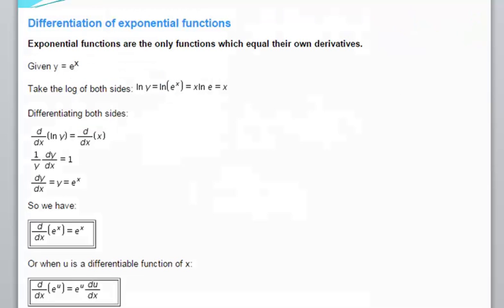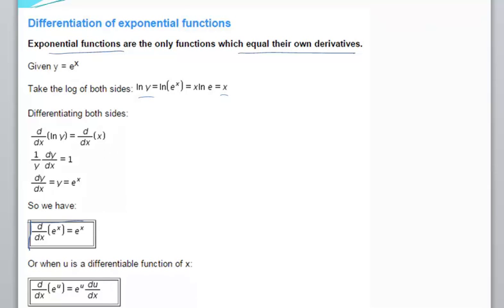Next we're looking at differentiation of exponential functions. So exponential functions are the only functions which equal their own derivatives. Given y equals e to the power of x, take the log of both sides, we get log of y is equal to x. Differentiating both sides, we end up with dy on dx is e to the x.